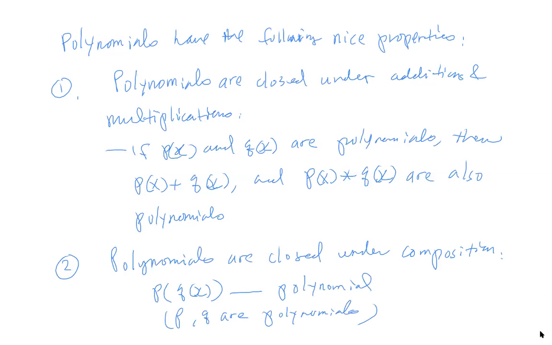And the third property is that polynomials, well, really, that's for time complexity. We just need these two properties. Other properties are nice in their own right, and they have applications in other areas, but not as a time bound.